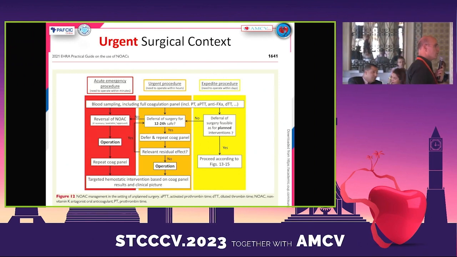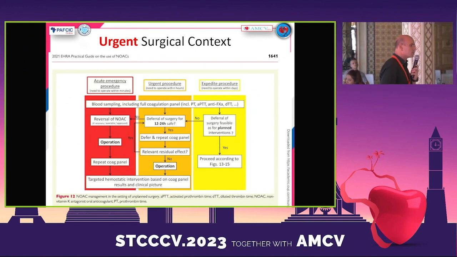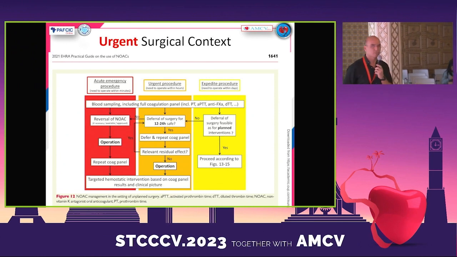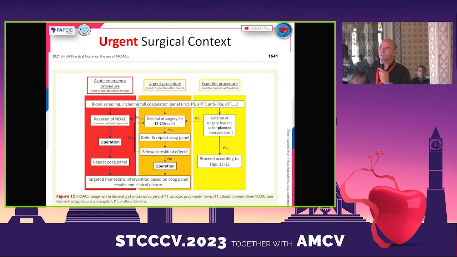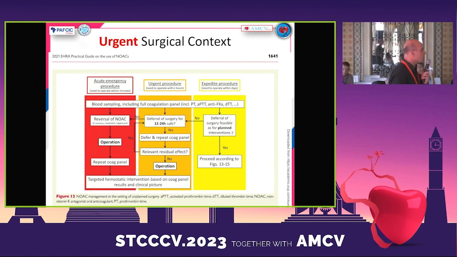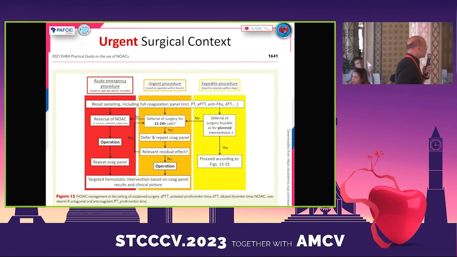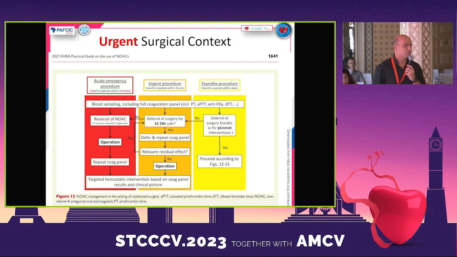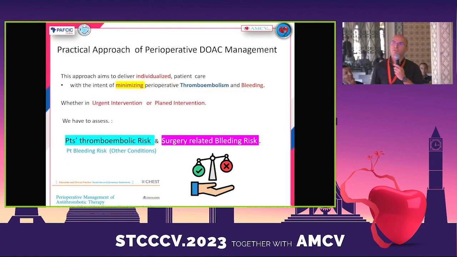At that time we will do another check panel and then operate on the patient in a better condition. If the intervention can be delayed 24 hours or more, we can treat it as a planned surgery and operate on the patient in better conditions.